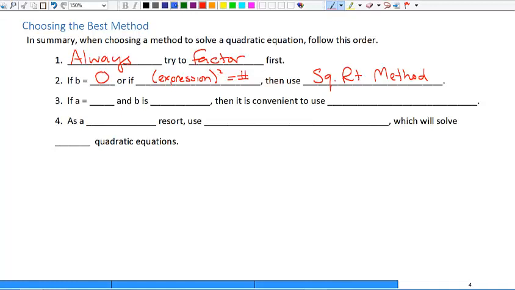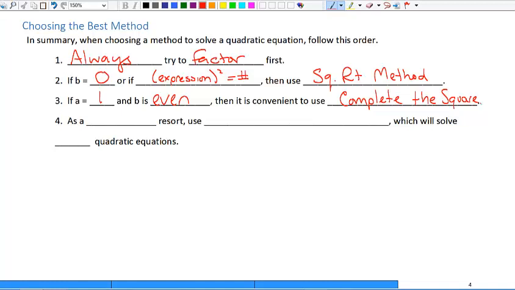Step 3. If a is equal to 1, and if b is even, then it's really easy to use completing the square. Now, if a is not 1 and b is not even, you can still use completing the square.